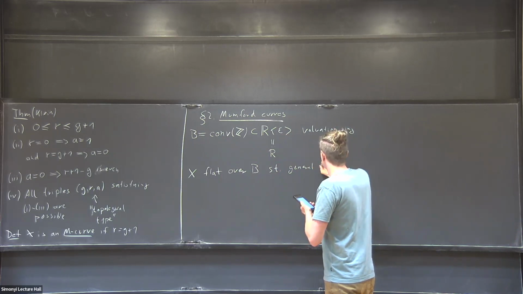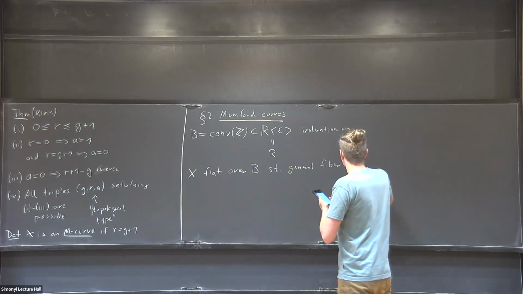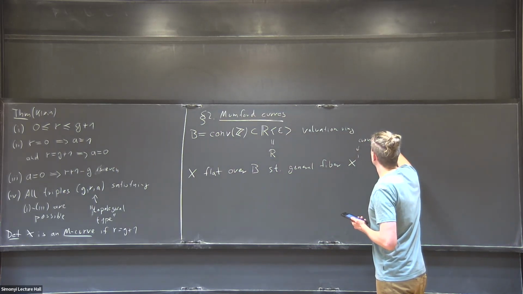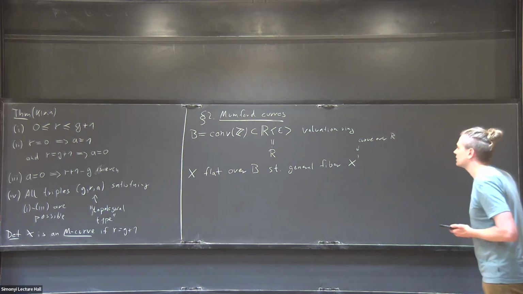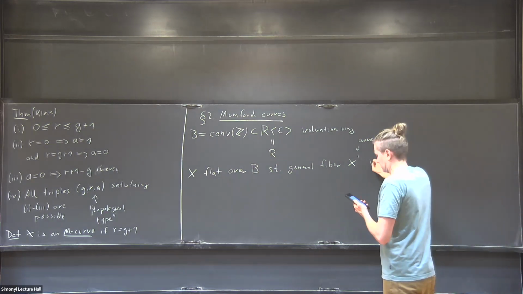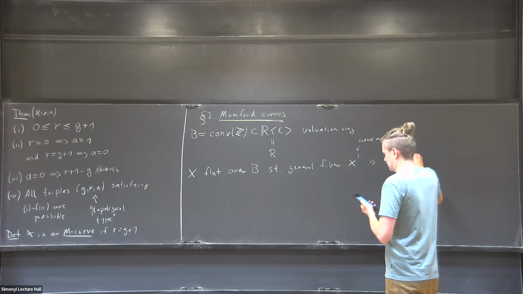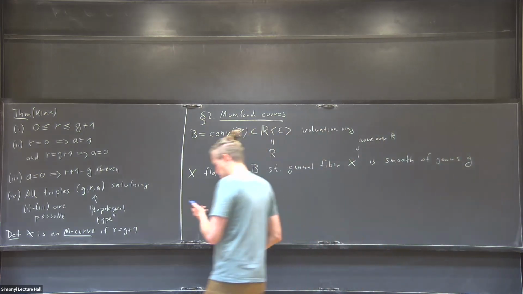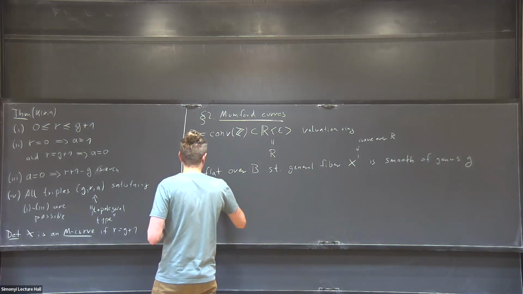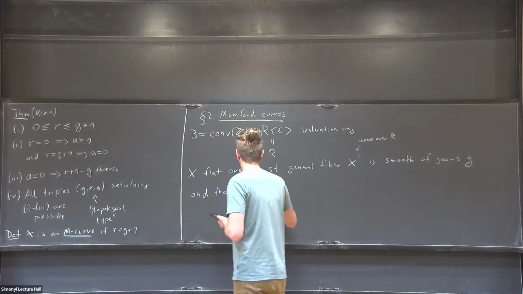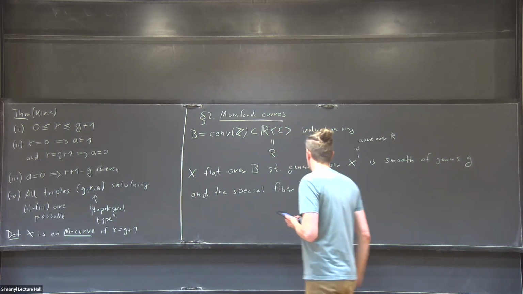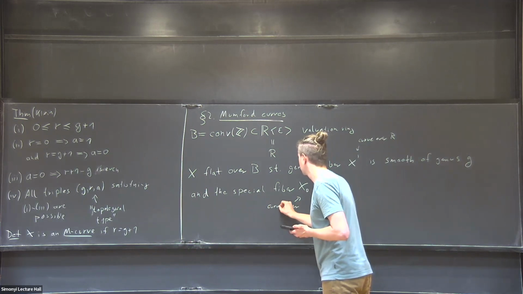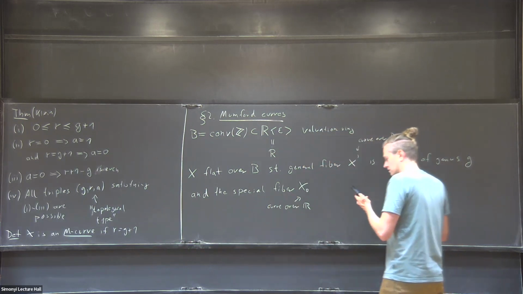The general fiber X prime, over this real closed field, is smooth of genus G, and the special fiber, denoted by X naught, is a curve over the usual real numbers.